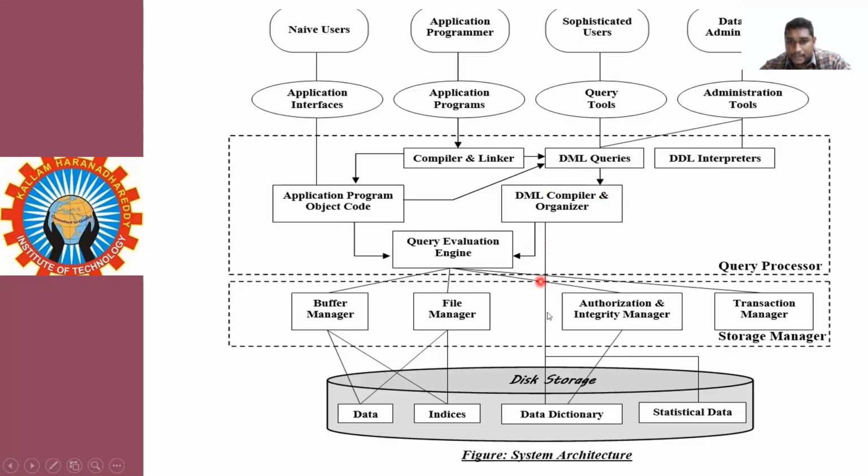The query optimizer directly accesses the data by means of the database catalog. These are database catalogs. The data dictionary is metadata, right? So we can access the data quickly.